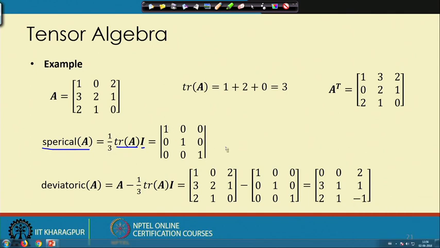Now the deviatoric part is essentially A minus 1/3 trace of A times I. If we deduct this component, this becomes the deviatoric component of the tensor A. If you look carefully, the trace of this deviatoric component is 0. It is not necessarily that all the diagonal components are 0, but their summation, that is the trace of the deviatoric part of A, is 0, like 1 minus 1 is 0. So we can remember this.